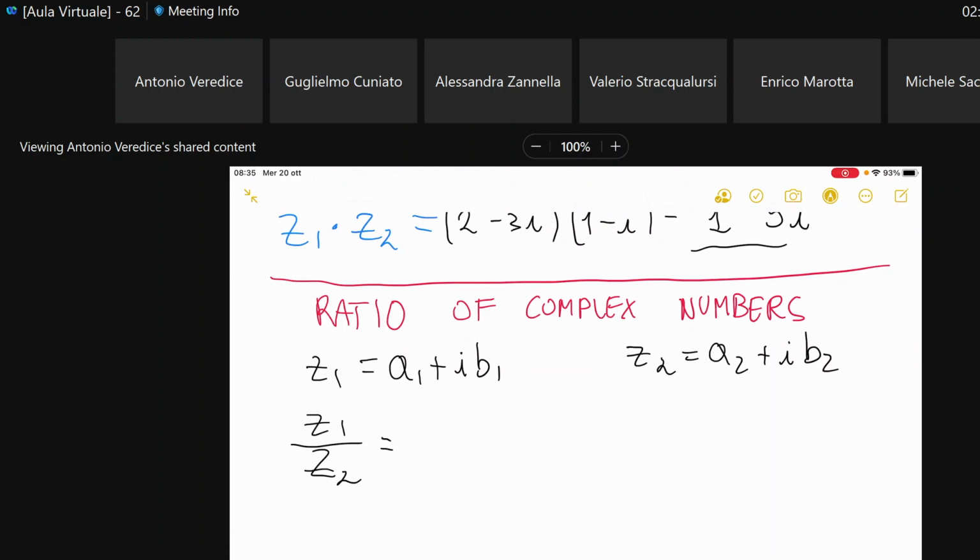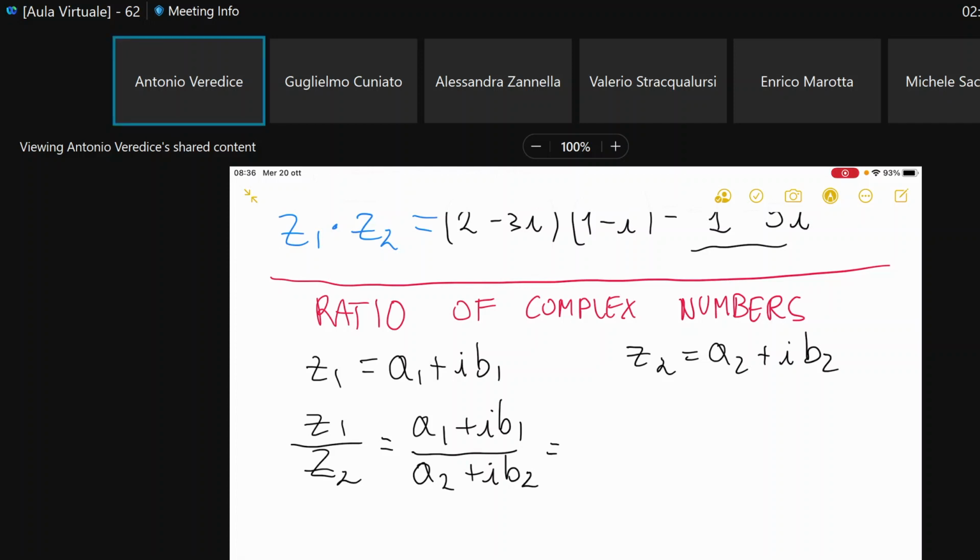So this is simply A1 plus i B1 over A2 plus i B2. But this expression is not very useful, since from this expression we can't say which one is the real part and which one is the imaginary part.